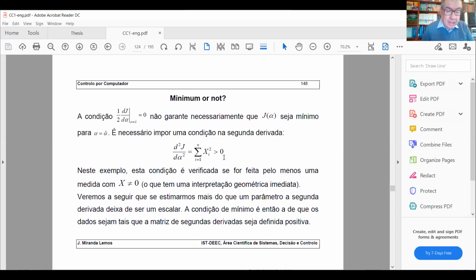That is to say, the data has to be rich enough for you to be able to compute alpha. In this case, it is enough that at least one of the values of x is different from 0 for you to have a minimum. Of course, the more data you have, the bigger the accuracy in estimating alpha.